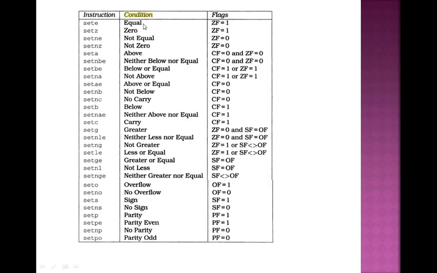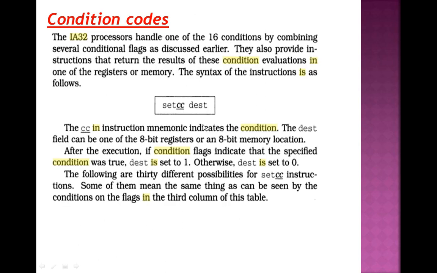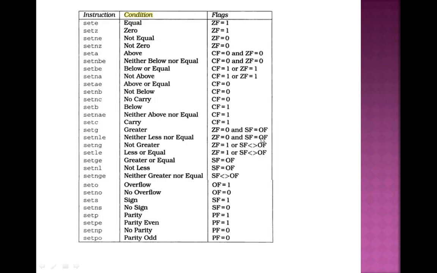These are the multiple parts. SETE, that is the condition is equal, then set F equals 1. These are the multiple commands. Then SETZ, that is 0, set F equal to 1. SETNE, that is not equal, means the value is 0 because not equal is false, that is denoted by 0.